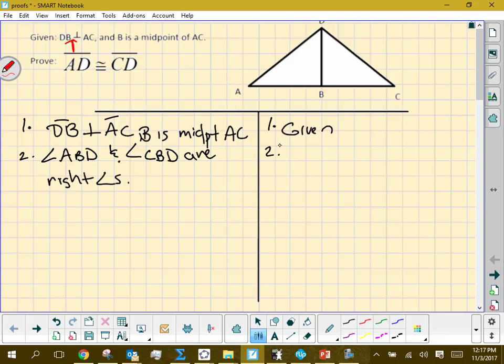Now, what's the relationship about two right angles? They're congruent. So I'm going to write here definition of perpendicular lines. That's how I knew I had right angles. But once you develop right angles, you then make the argument that angle ABD is congruent to angle CBD.